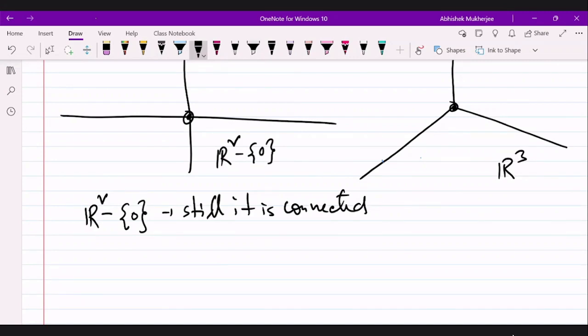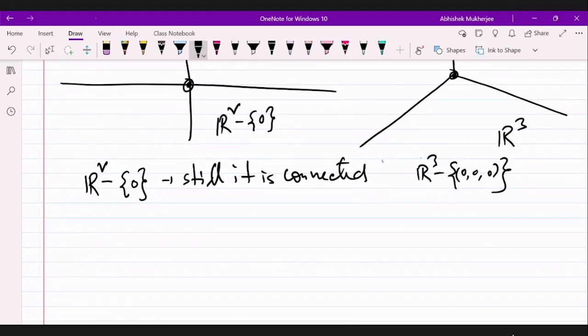So R3 minus 0 is still connected. Actually, they are path connected, so you can say that they are connected. So we cannot use the same argument that has been used in the previous example here to show that the spaces are distinct topologically, right?